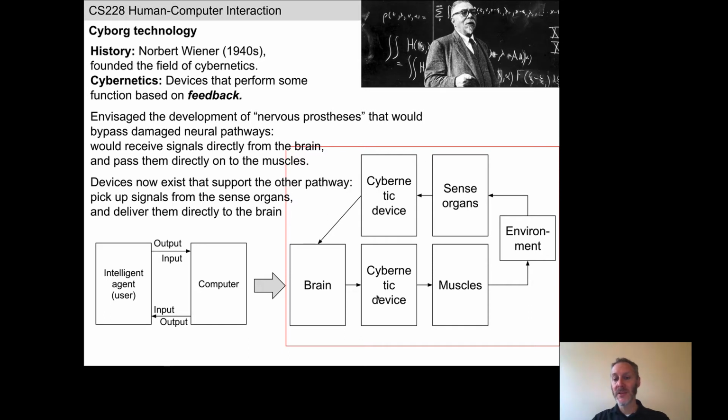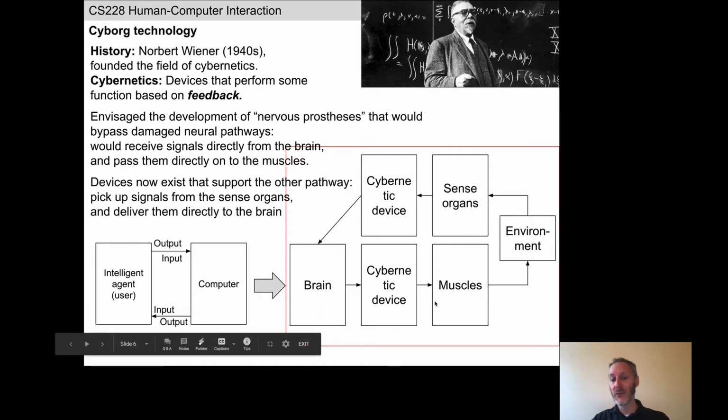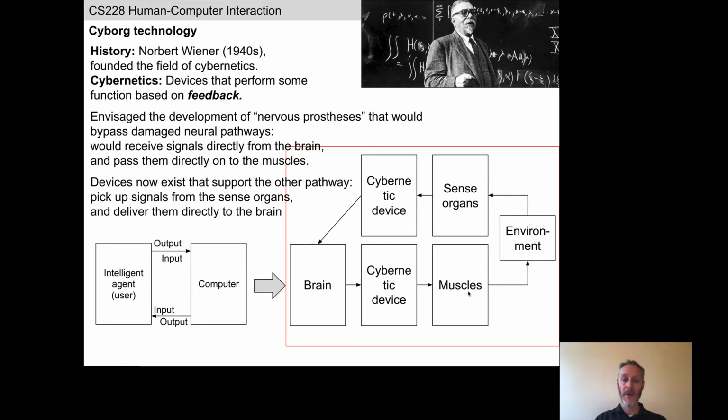Or what happens if we implant a cybernetic device that captures desired motions from the brain, ideas about how we would like to act, and passes over perhaps a damaged spinal cord and provides those signals directly to our muscles? Okay, that's cybernetic technology, which we'll see a few examples today.